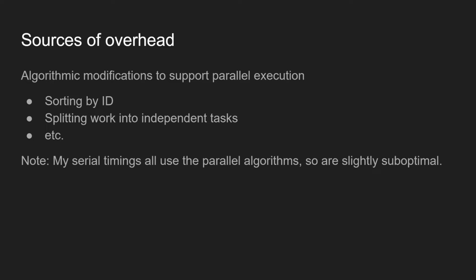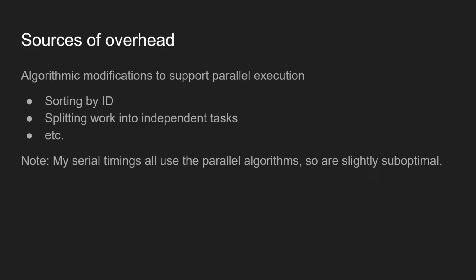Perhaps less obviously, there are some more sources of overhead. One of those is that it's necessary to modify your algorithms to support parallel execution. In my case, that involves doing some sorting by IDs of trains and splitting work into independent tasks. These are things that would not need to be done if it was running serially.